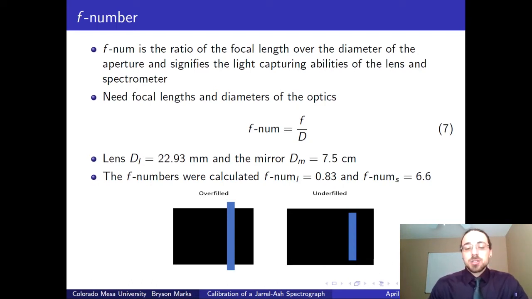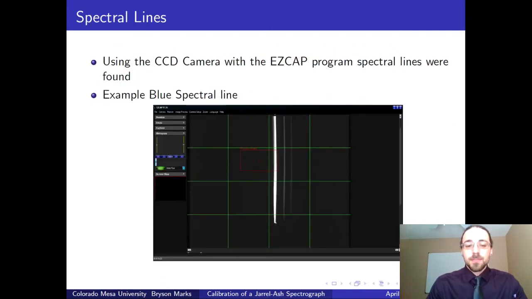So matching these two F numbers would signify that the spectral lines fill the spot on the pixels to a point where we maximize the efficiency. There's no light wasted, and there are no pixels that are not being used.